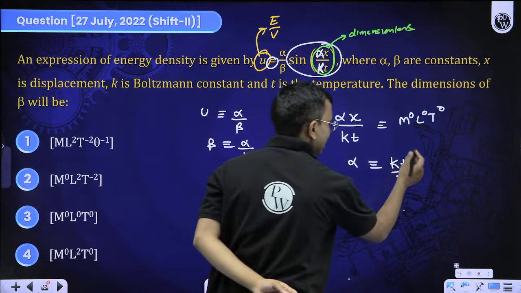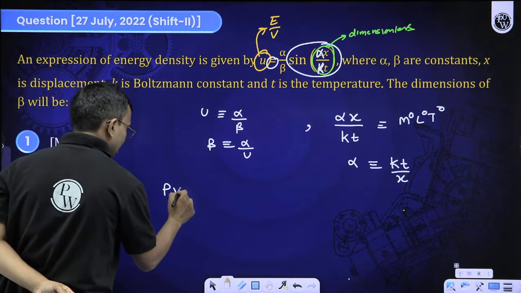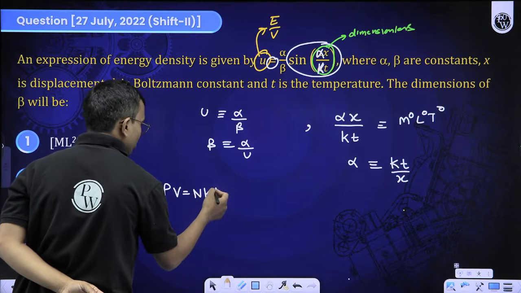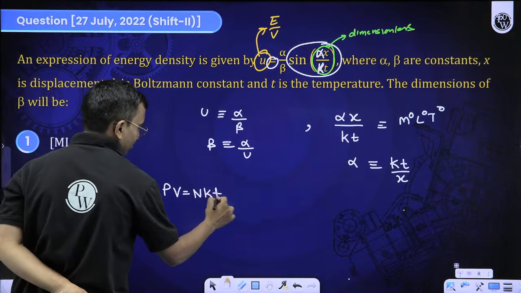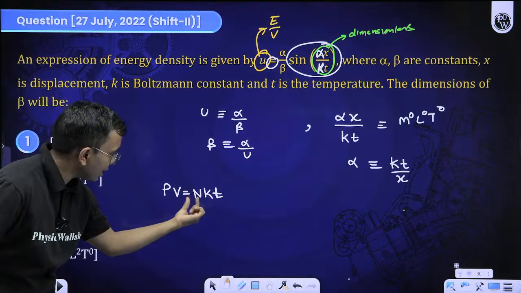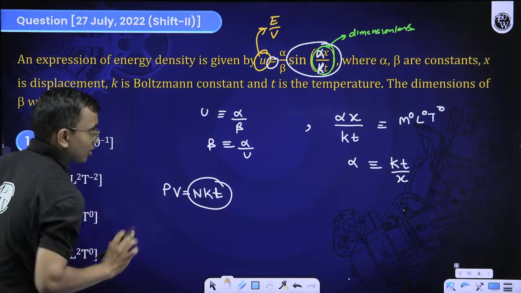What is kT? Any formula? Yes, you can use this formula: PV is equal to nkT. You will use this formula actually when you learn thermodynamics. That is k into T. Then n is just a number. I need the dimensions of kT, that is the same as pressure into volume.